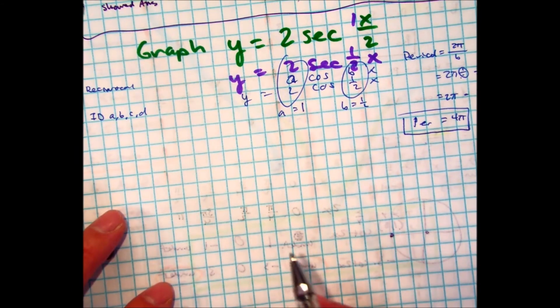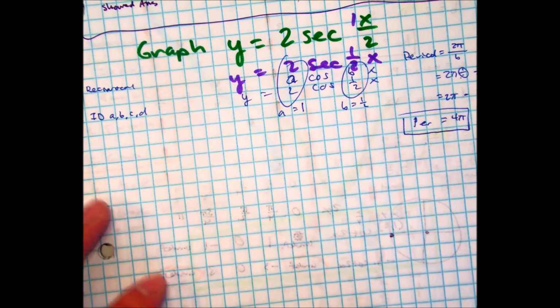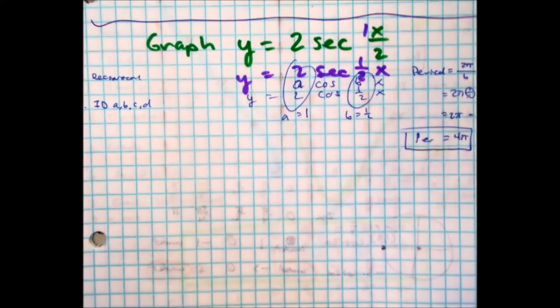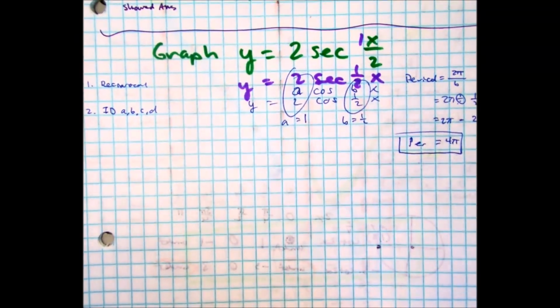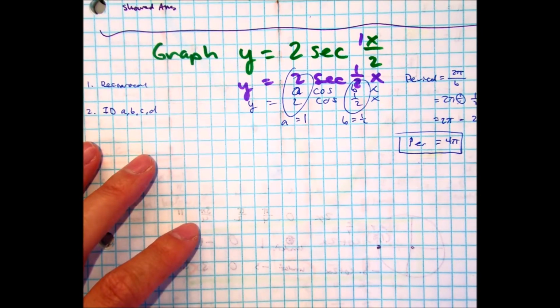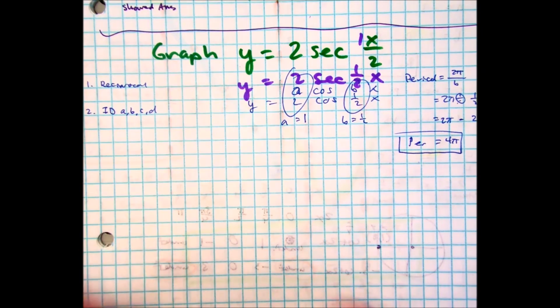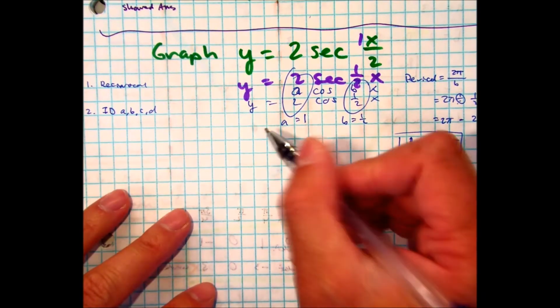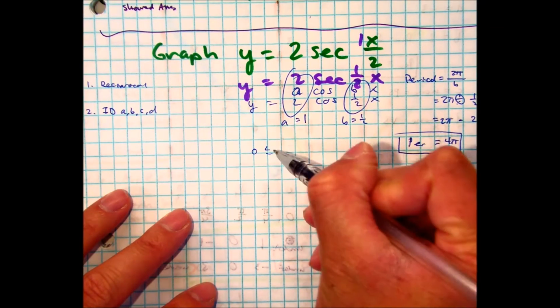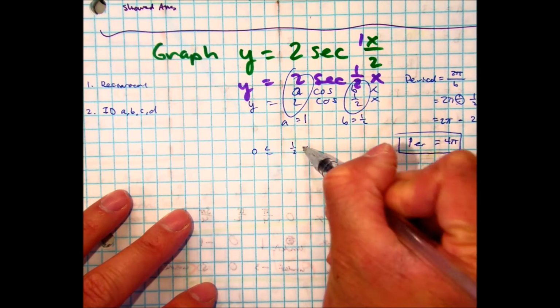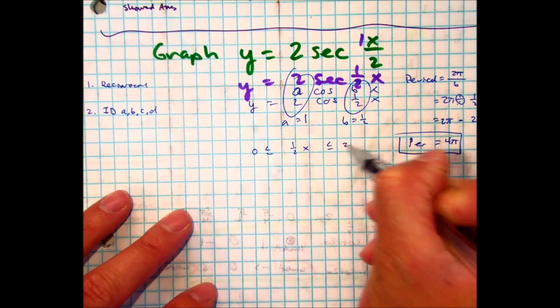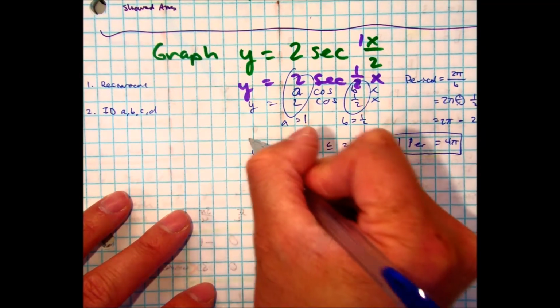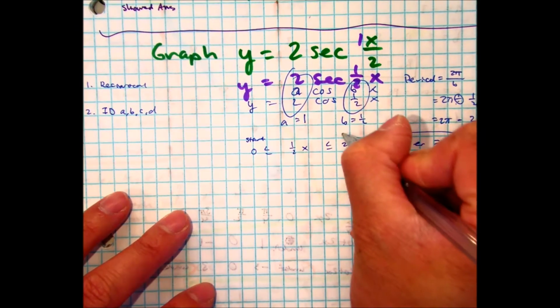Brian, can you tell me about the inequality? There was 0 less than or equal to 1/2 x, less than or equal to 2 pi. So this is specifically telling us where to start and where to end.